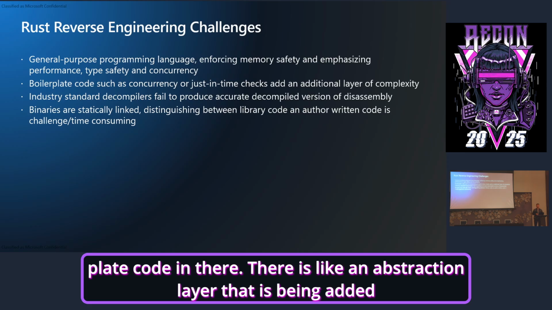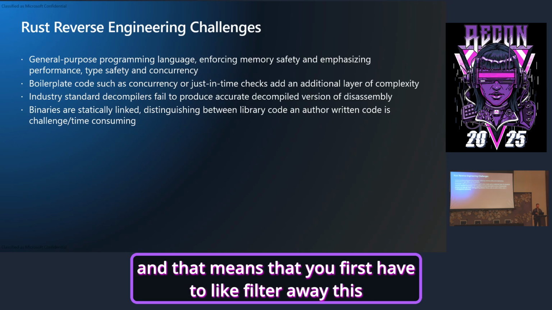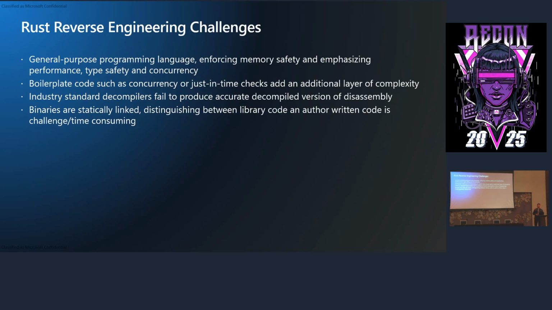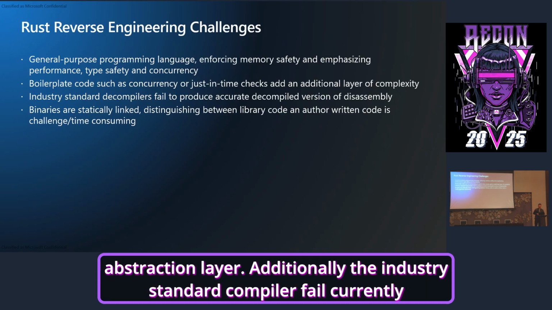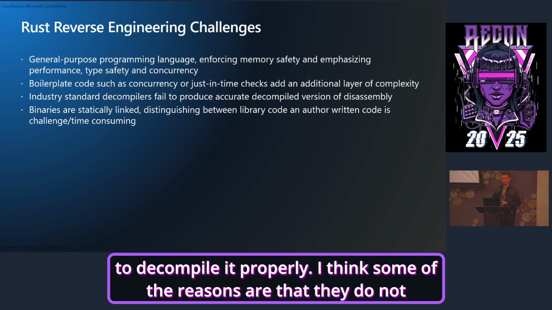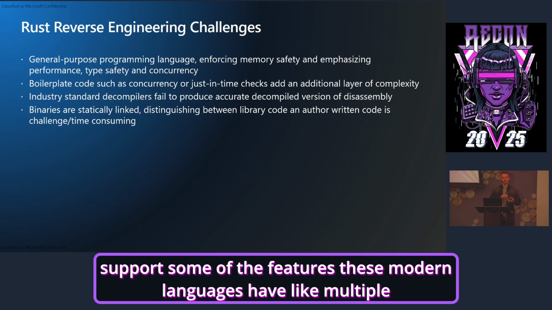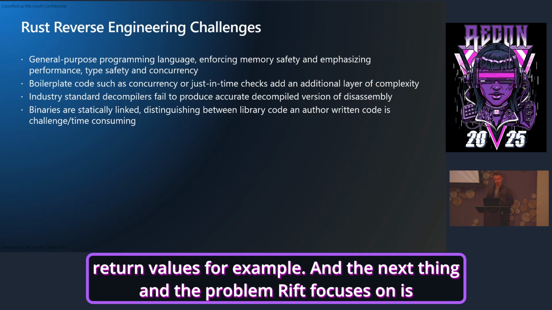There is an abstraction layer that is being added, and that means that you first have to filter away this abstraction layer. Additionally, the industry standard decompilers currently fail to decompile it properly. I think some of the reasons are that they do not support some of the features these modern languages have, like multiple return values, for example.